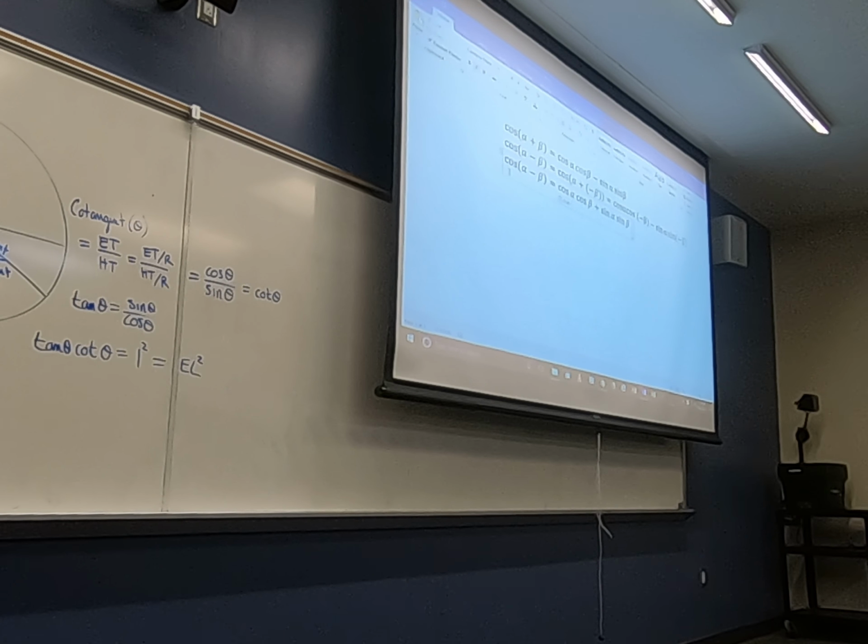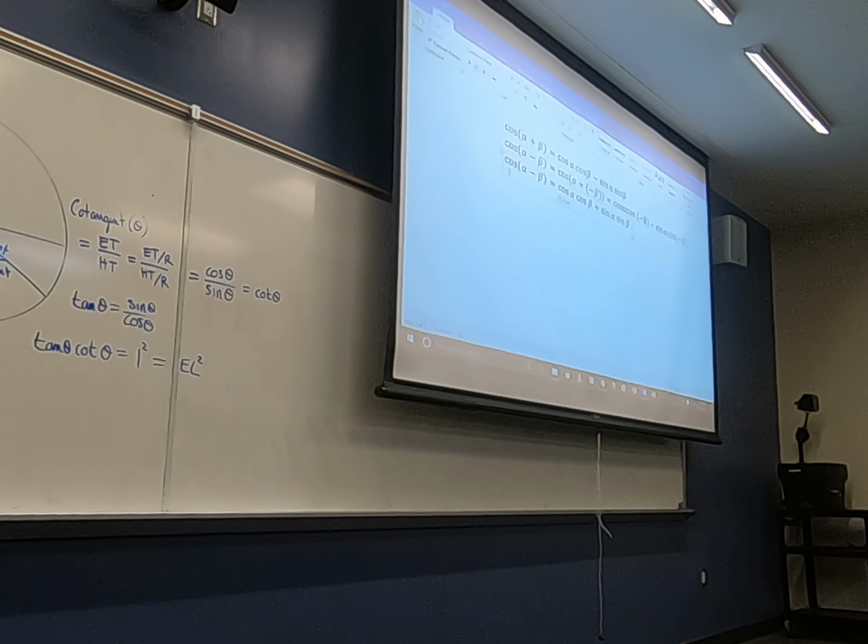All right, so I want the sine of alpha plus beta. Can I get that now? I guess I want in parentheses, right? Alpha plus beta. How can I get the sine from the... how can I get it? So I don't have an identity for sine alpha plus beta, but I do have an identity for cosine of alpha plus beta.